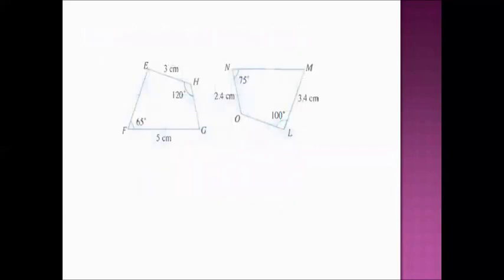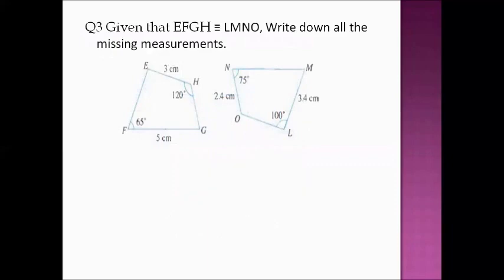Now the next question is question number 3. Given that EFGH is congruent to LMNO, this time a pair of quadrilaterals is given. Write down all the missing measurements.